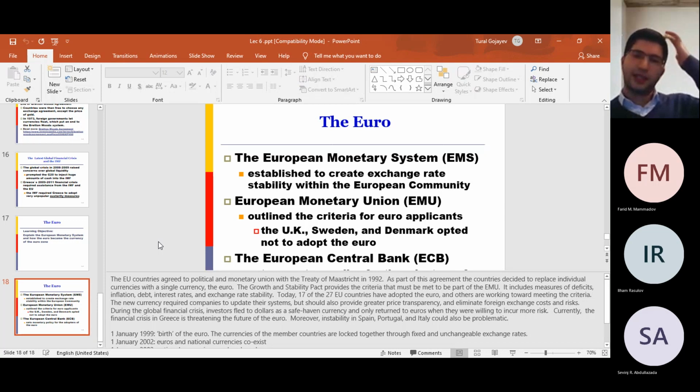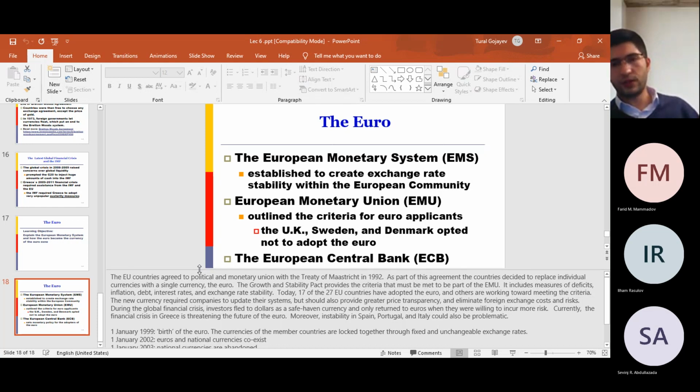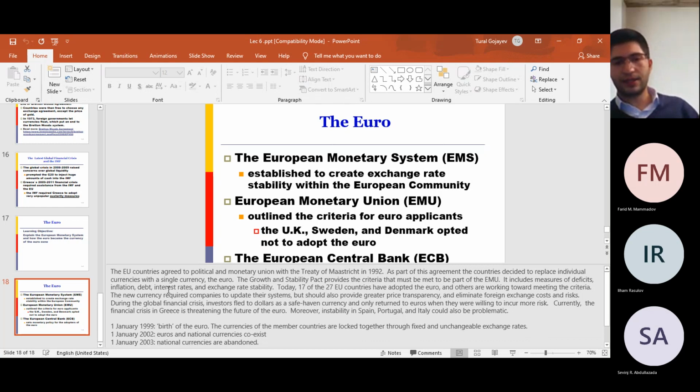Before that, it wasn't accepted to use the same common currency in the countries. Only after 1999, the euro was founded as a common currency. After this, in 2002, the national currencies and the euro coexisted. Both of them were used.